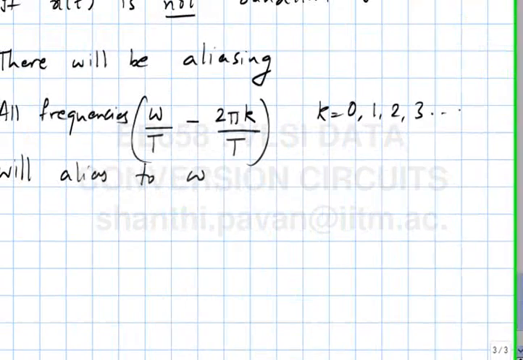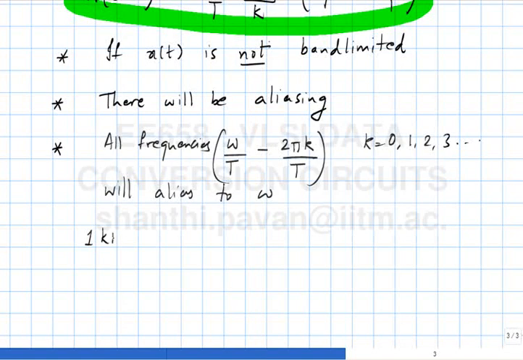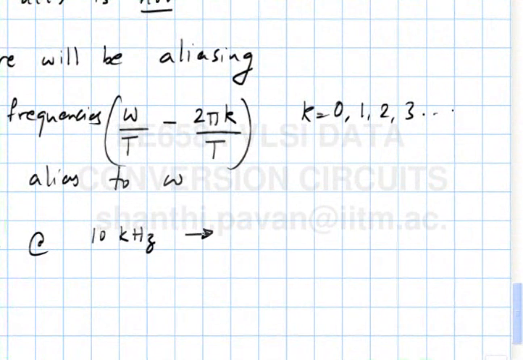For example, if you are sampling a 1 kilohertz sine wave at say 10 kilohertz, how will this look in the discrete time domain? What will the corresponding discrete time frequency be?